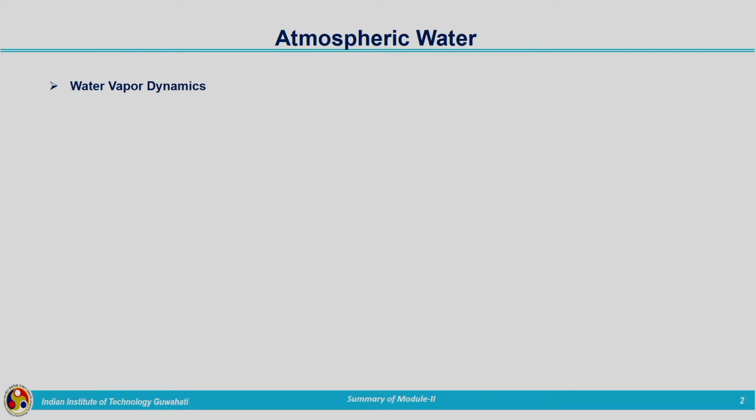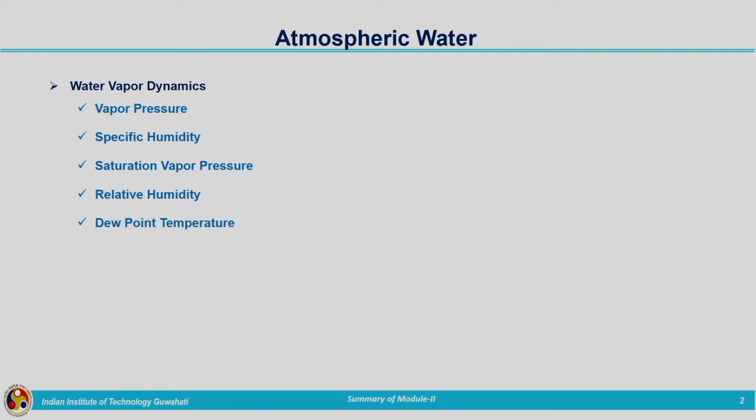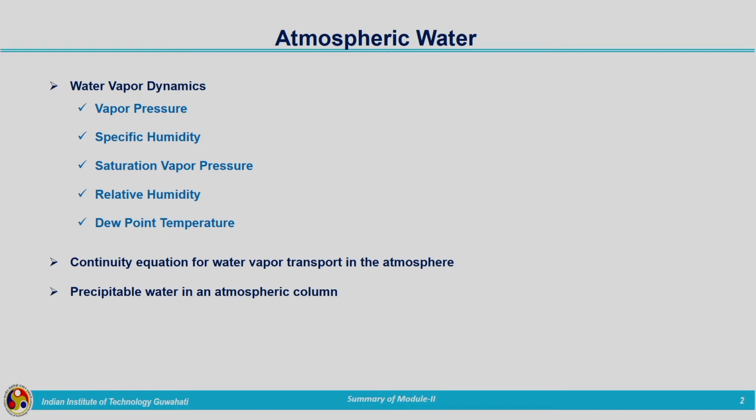So, we covered the details related to water vapor dynamics and understood the atmospheric parameters such as water vapor, specific humidity, saturation vapor pressure, relative humidity, dew point temperature, and we came up with the continuity equation which represents the water vapor transport in the atmosphere, and then we moved to the precipitable water present in the atmospheric column.